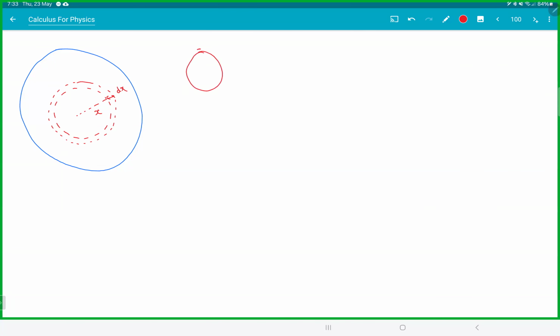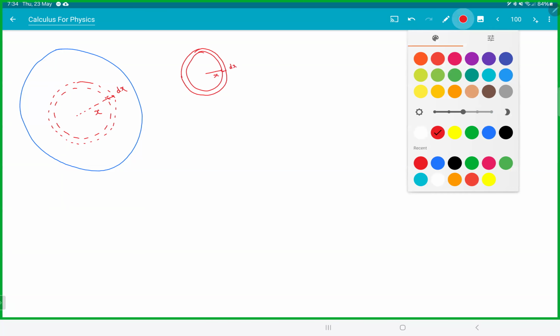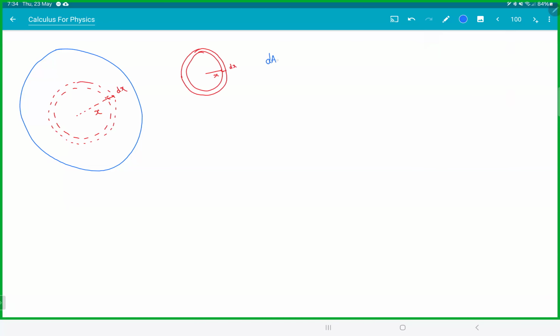So we got a ring like this, of radius x and thickness dx. So the area of the ring will be 2 pi x dx. So the mass of the ring will be sigma into area. So that formula is always valid, sigma into area. Only thing, sigma has to be constant. Now sigma is 2x plus 3. Area is 2 pi x dx.